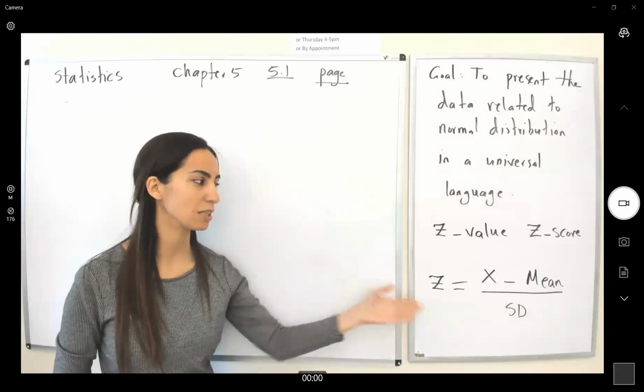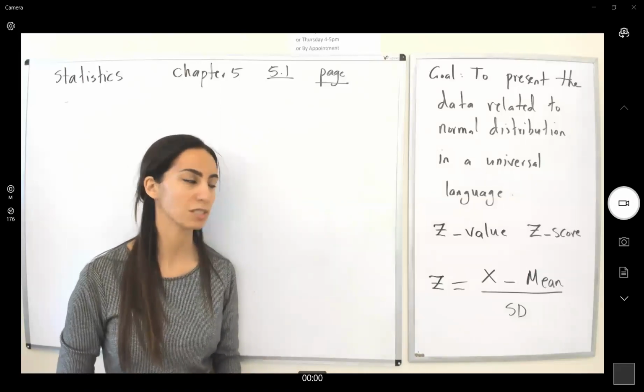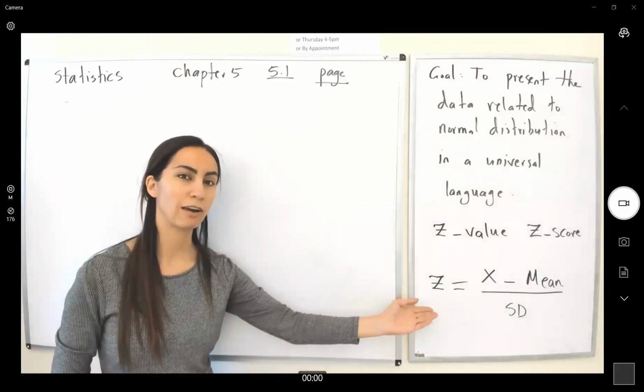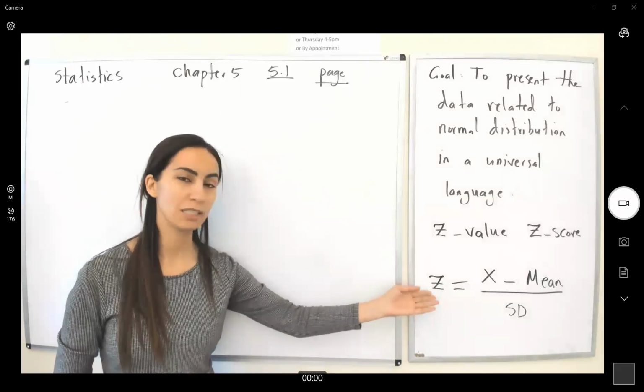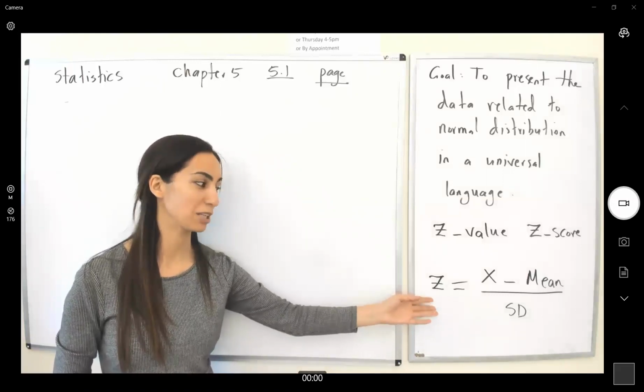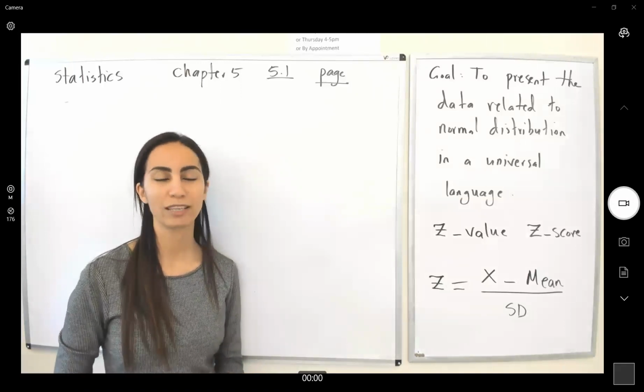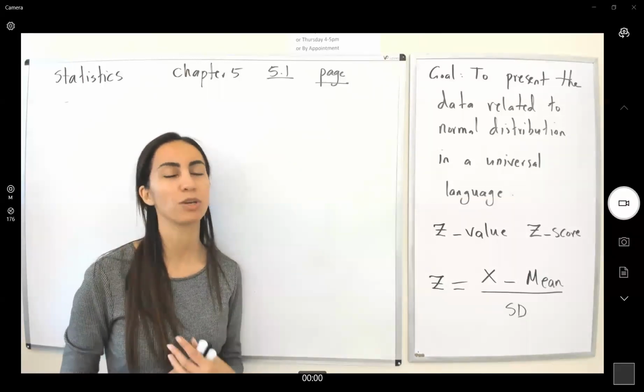You usually see z-values and z-scores in the reports of statisticians. And that's how we're going to convert our original data to z-values, z-scores, and being able to use the z-table or a calculator or a software to interpret the data.